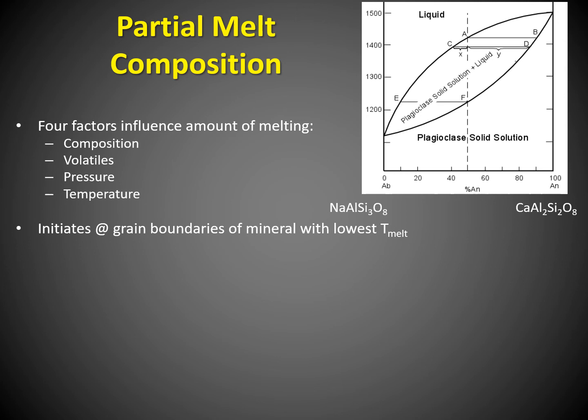If you kept melting it, what would happen? Because you're taking sodium out in the melt, right? What happens to the amount left in the crystals behind? It becomes more calcic rich. And it goes up and up and up, and at this point it's completely melted. What is your liquid at that point when it's completely melted?